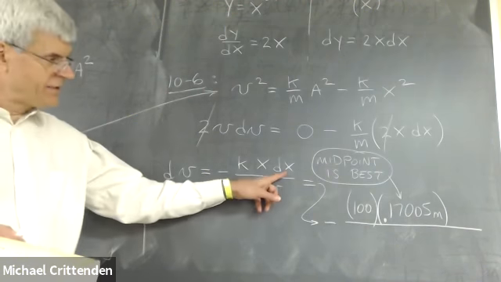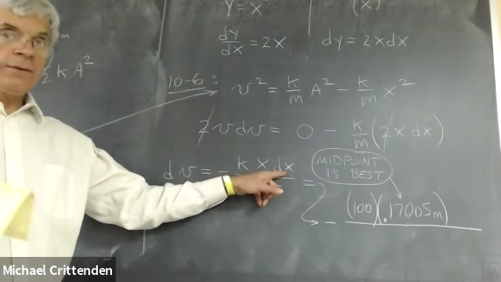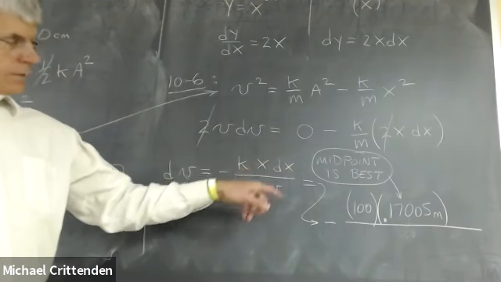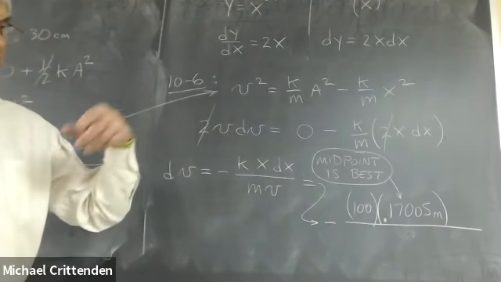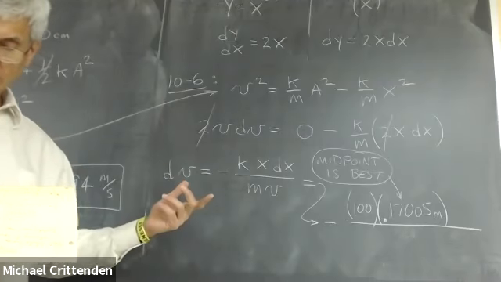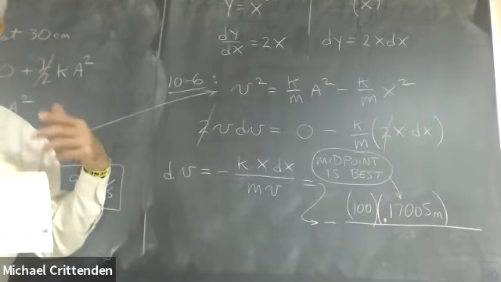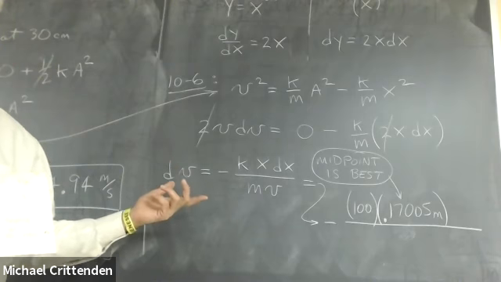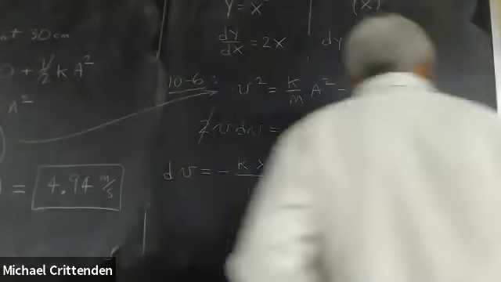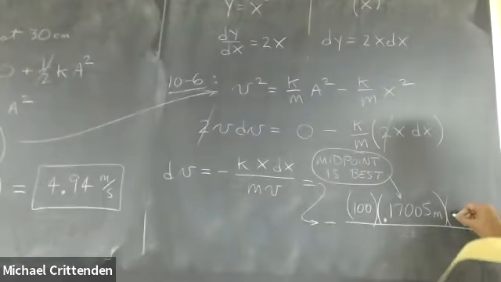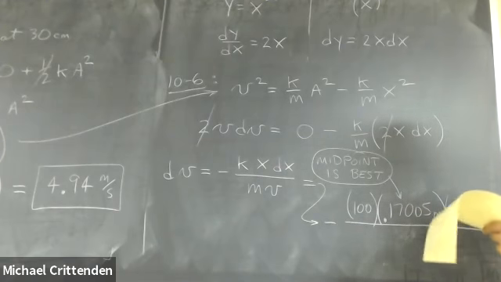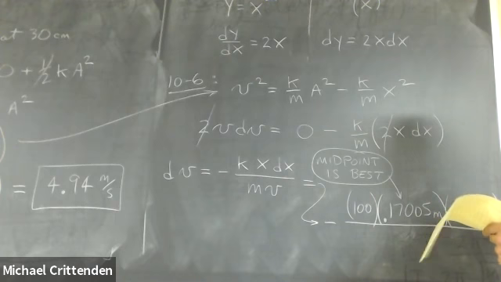And then for dx, that's the difference. The difference between 17 and 17.01 would be the 0.01 of a centimeter, or 0.0001 of a meter.